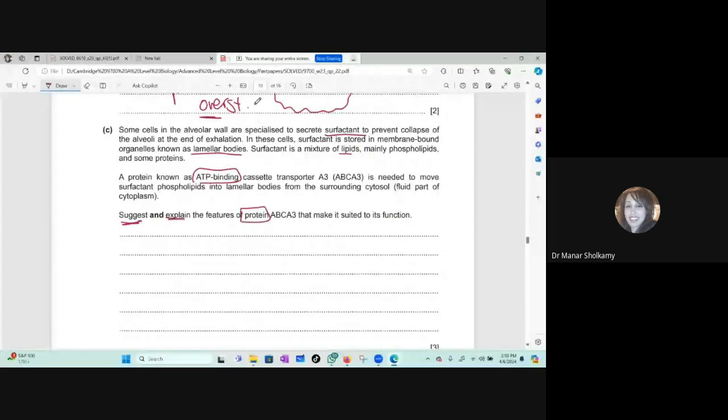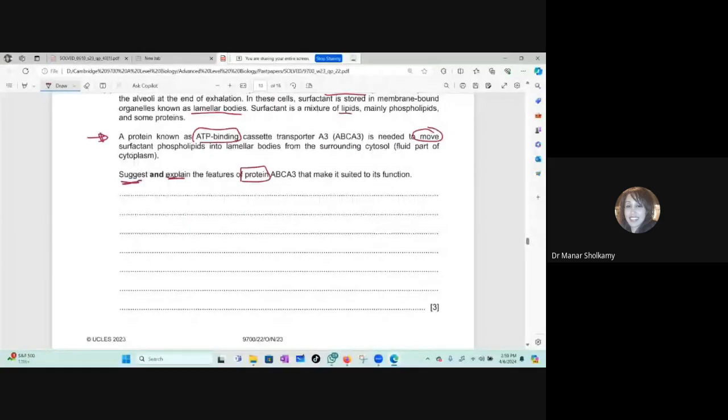My goodness. Okay, this protein is known as an ATP binding cassette transporter. It's needed to move the surfactant. The surfactant will not move across the cell membrane except if this protein is present. So this protein is needed to move the surfactant into the lamellar bodies from the surrounding fluid.